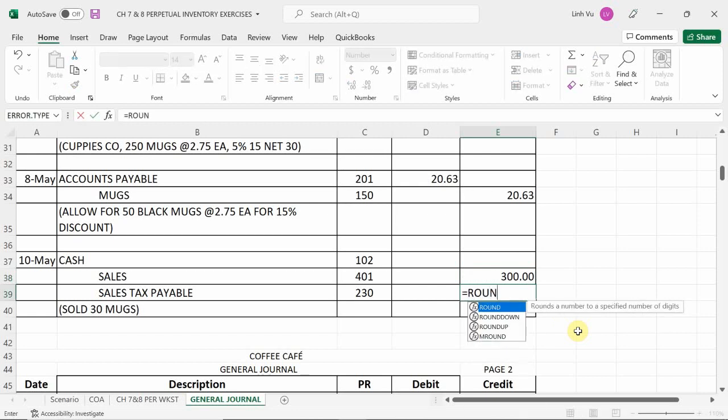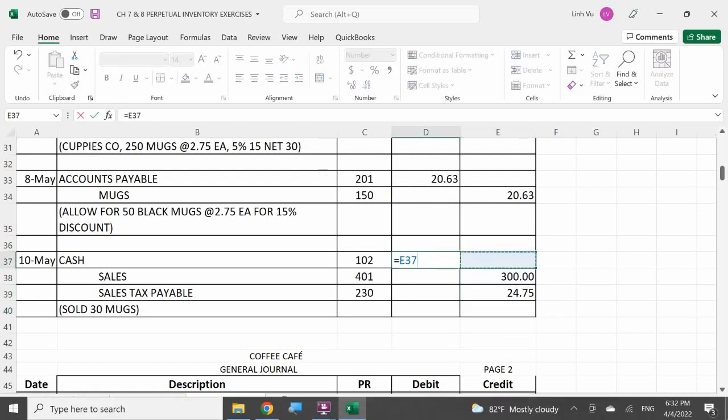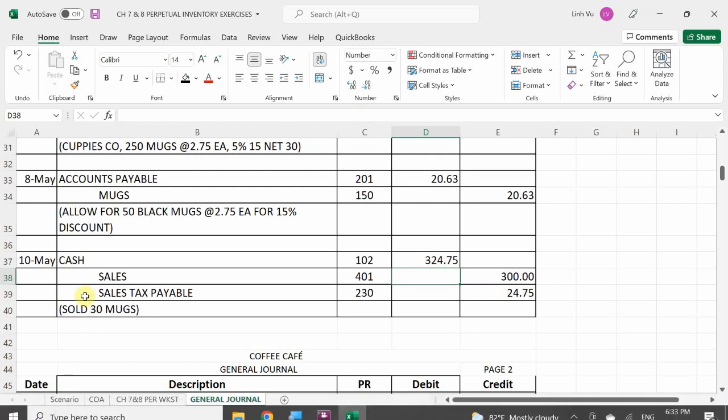The tax is 8.25% of the $300, which should give you a total of $24.75. So that means in grand total, you should have received a total of $324.75 in cash.